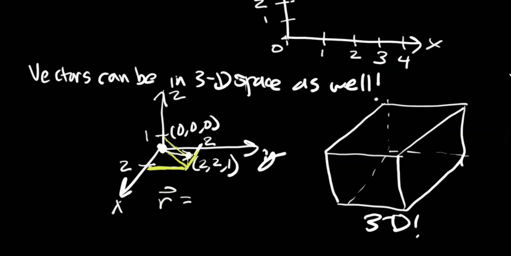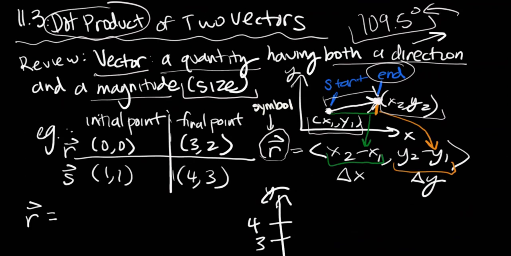Here we are back again, and as you can see, a vector is written in between two pointed brackets, and within those brackets you're going to have something similar to a coordinate point, but the two components are not locations. They're actually changes in x and changes in y, at least in the xy plane.